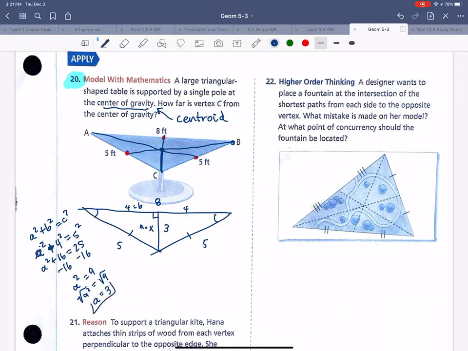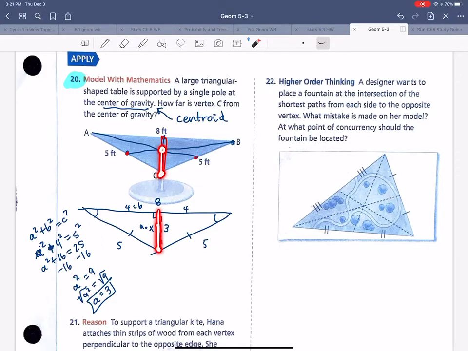So I've seen this triangle before. That would be 3. So we know our centroid is going to cut this in 3 equal pieces. 1, 2, 3. And it's wanting to know how far is C to this vertex, and it looks like 2 equal pieces.